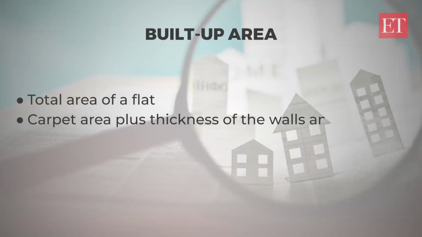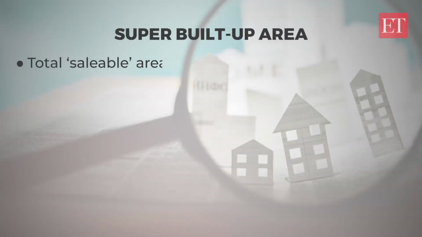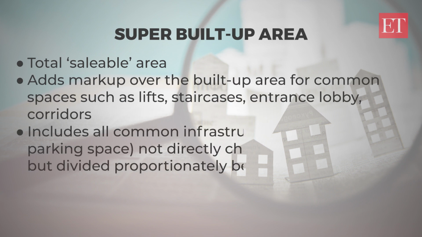Built-up area basically includes the size of the walls and the ducts, if any, over and above the carpet area. This is typically 10 or 15% above the carpet area. The last concept is super built-up area, where there is a lot of confusion among home buyers, or lack of awareness, if I may say so. It is basically the total sellable area.